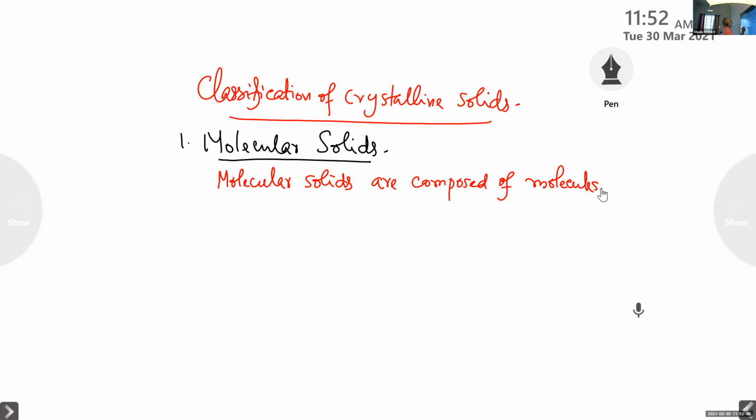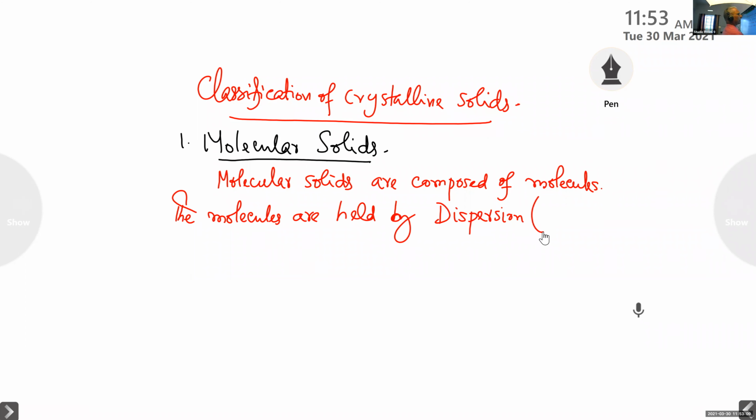The molecules are held by dispersion forces, in brackets London.